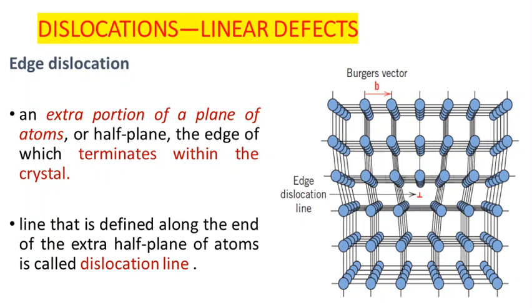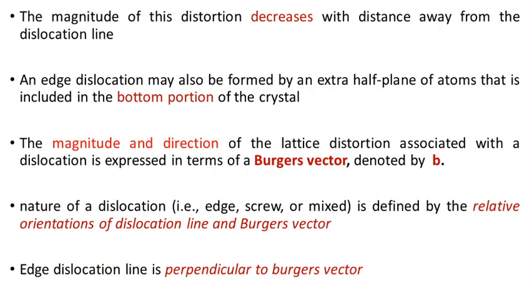It tends to create a compressive force around the neighboring atoms in which this extra plane of atoms is placed. This effect is reduced as we move away from the edge dislocation. If you move along the crystal lattice to a longer distance on both sides, the effect is minimized and nullified.